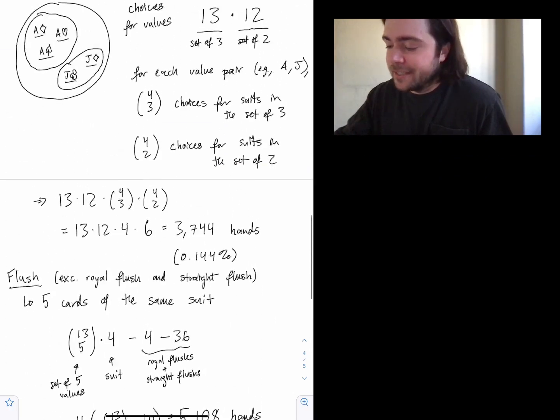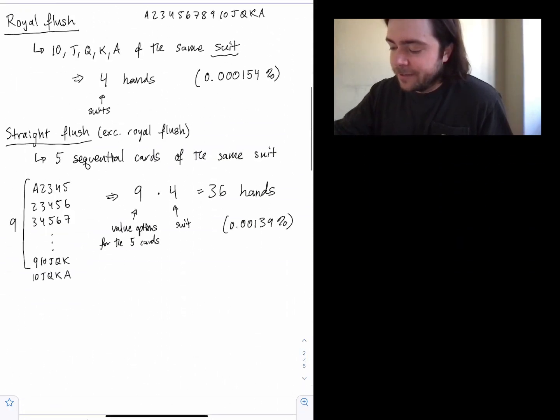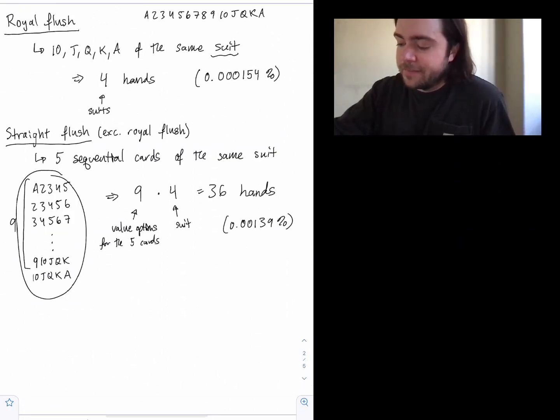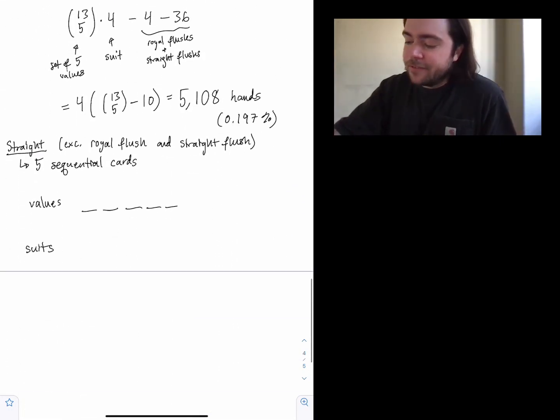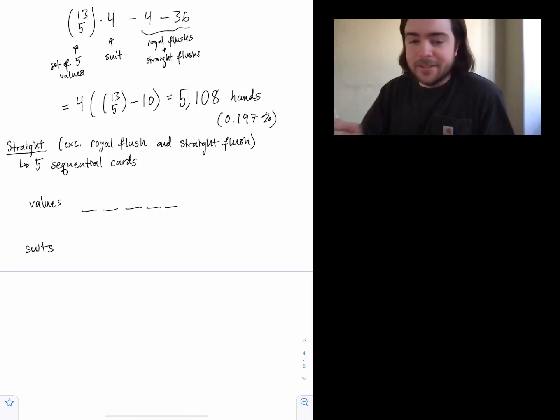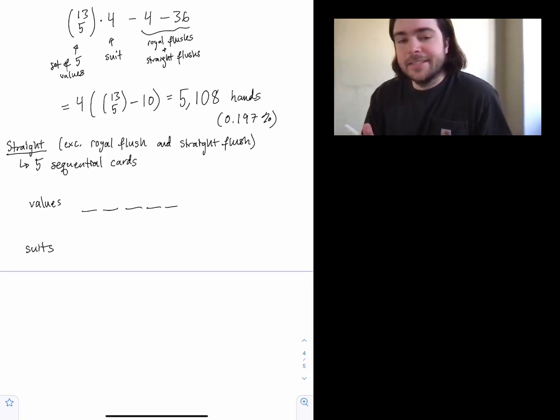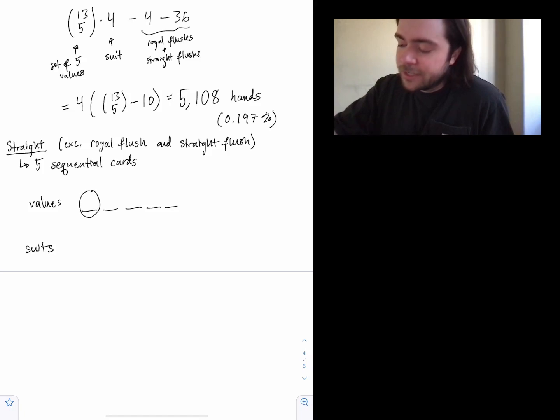Well, we actually already listed them up here. There are 10 of them. But how else could you think about it? Well, if they have 5 different values, which they must because they're sequential, I can always arrange them in order, listed in a line. And I could think of it as, well, how many options are there for the first card?